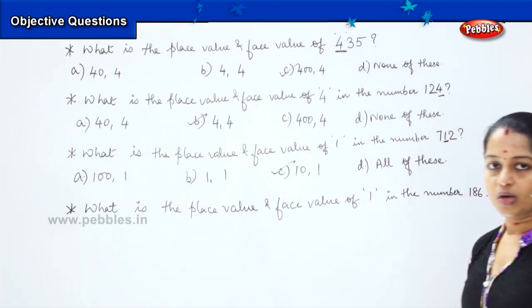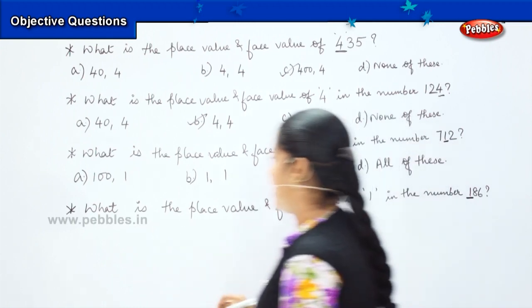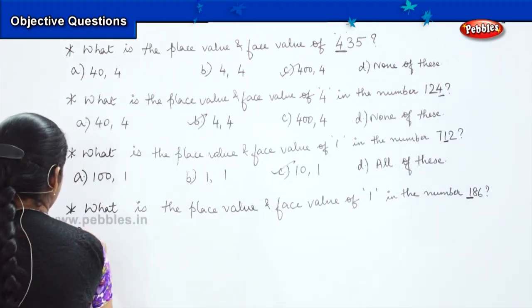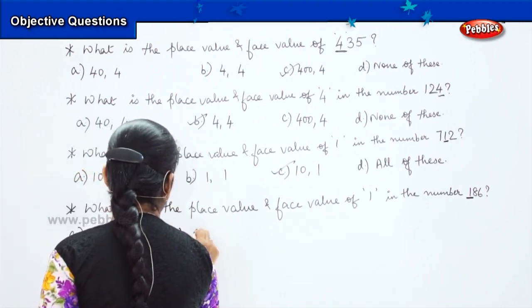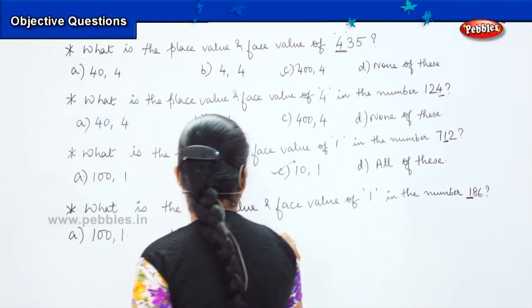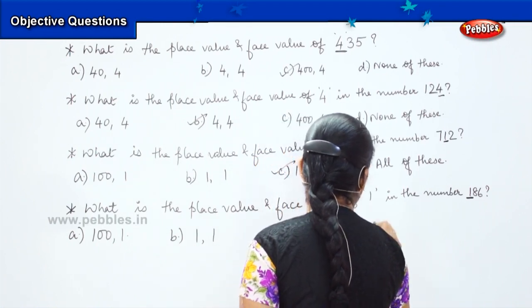Okay, so here what is the number which you have to find? You need to find the place value and face value of the number 1 in 186. My options here are option A 100, 1, option B 1, 1, option C 10, 1, and option D all of these.